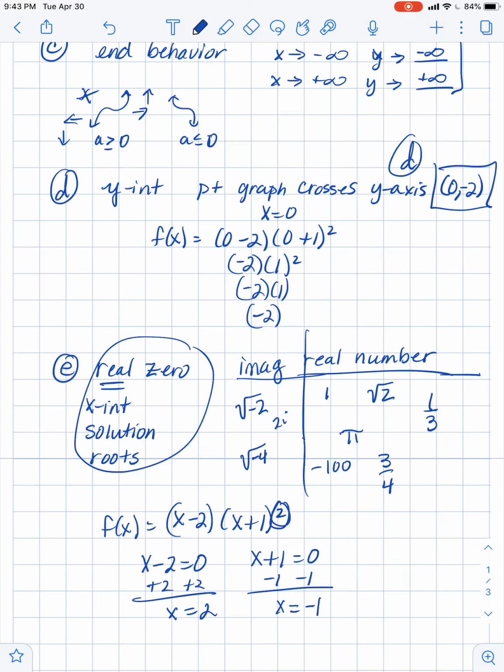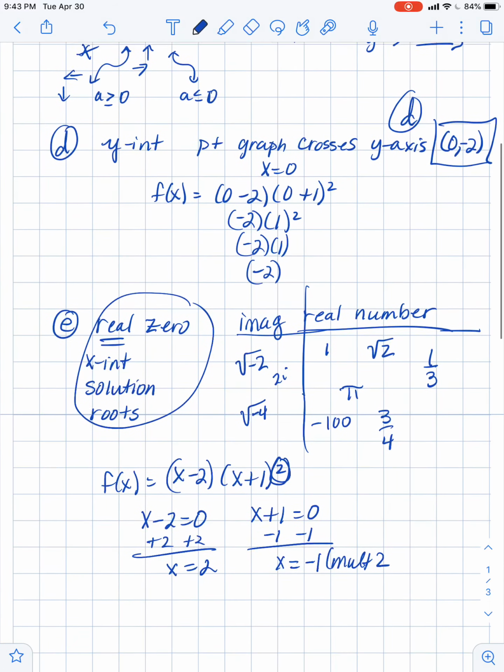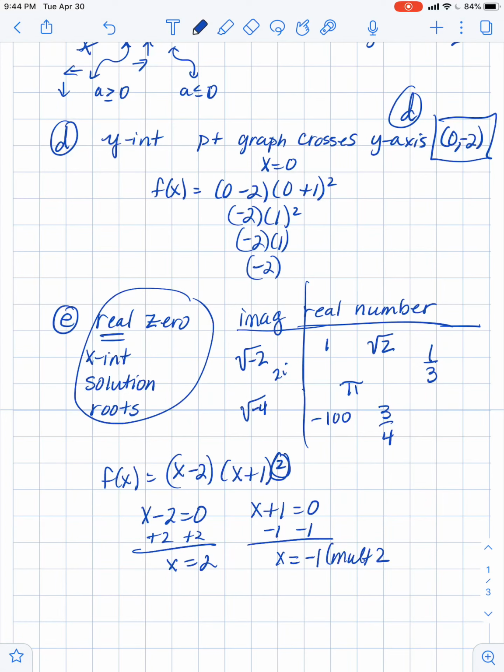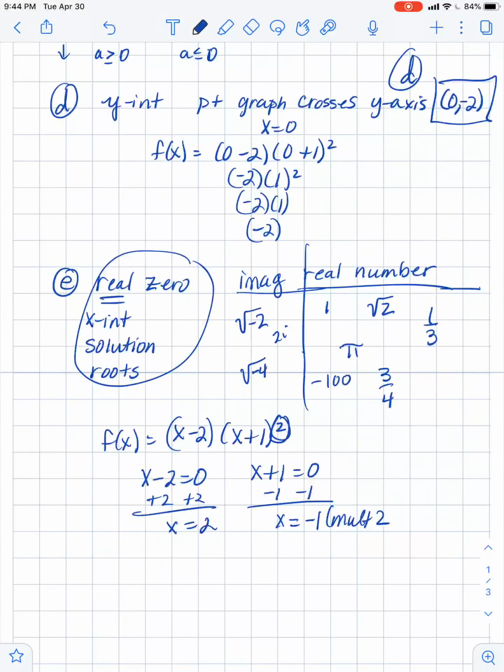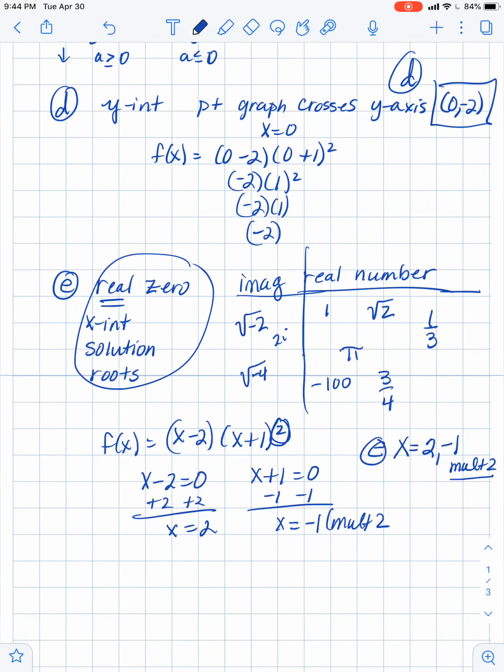Again, this had a 2 here, so this is our multiplicity of 2. How should you tell me the answer? Well, the best way would be to say x equals 2 and a negative 1 with the multiplicity of 2. Be sure that that multiplicity is beside that negative 1 so that I can tell which one it goes to. Don't put it in front or underneath, way over here.